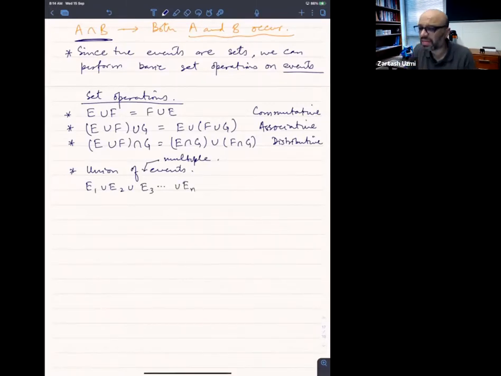These are n events, E1 through En, and I'm just taking the union of all of those. One way of writing this is the union over i equal to 1 to n of Ei. This is the union of all the Eis. The union event, this is also an event. When you take the union of two sets or three sets or four sets, you will get another set. So if you take the union of many events, you will get another event.